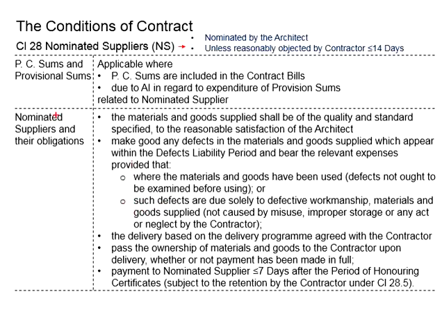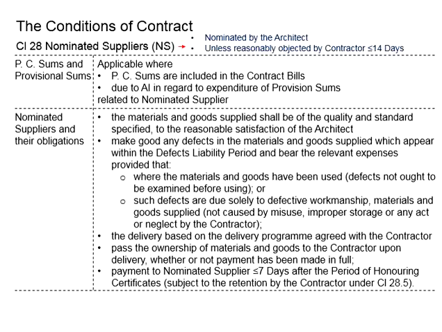Another case in which the nominated supplier can be released from the warranty of the materials and goods is when the defects are solely due to defective workmanship or any other activities by the contractor, due to the negligence of the contractor.